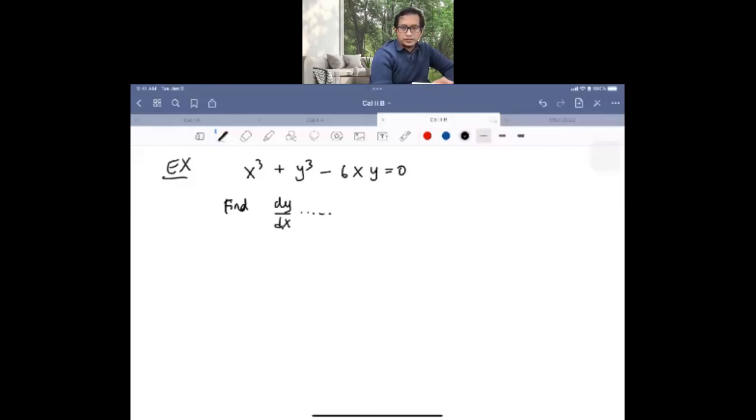Now, based on what we have in the previous example, we can let f be this x cubed plus y cubed minus 6xy, and it's equal to 0, right?